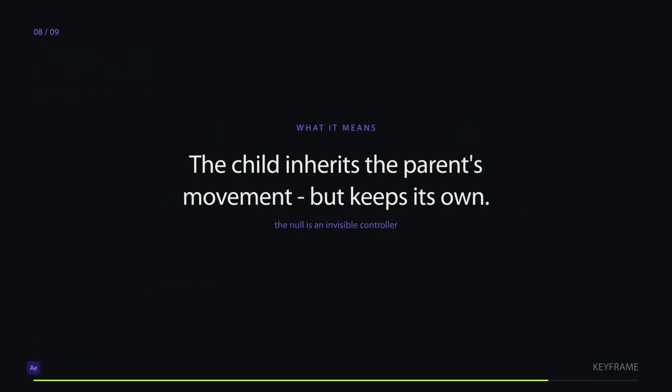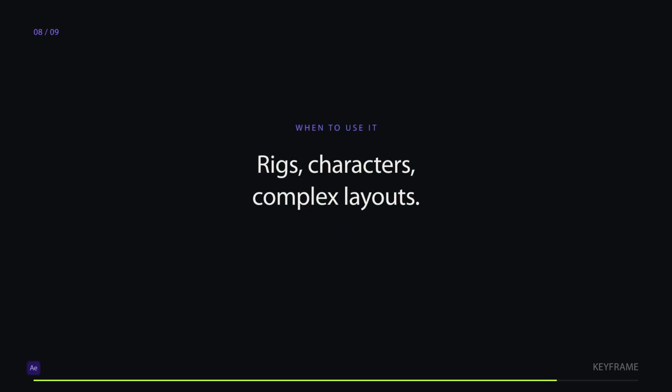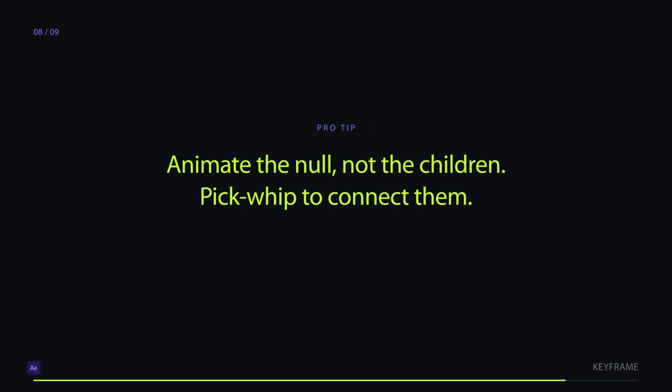What it means: the child inherits the parent's movement but keeps its own. When to use it: rigs, characters, complex layouts, anything with many moving parts. A tip: always animate the null, not the children, and use the pick whip to connect them. One control driving many elements. That is how professionals stay in control.